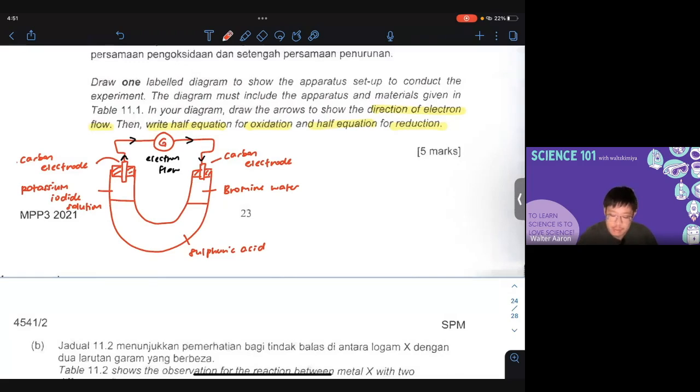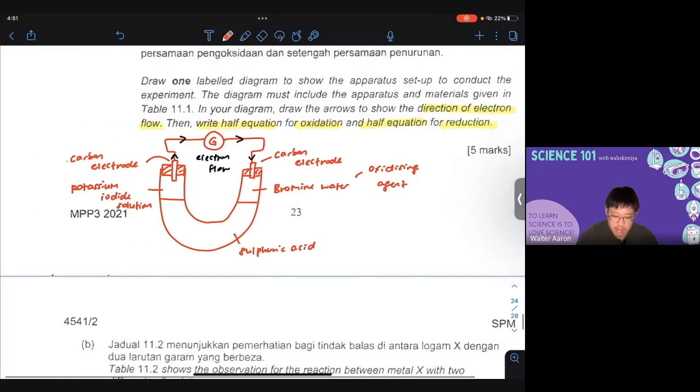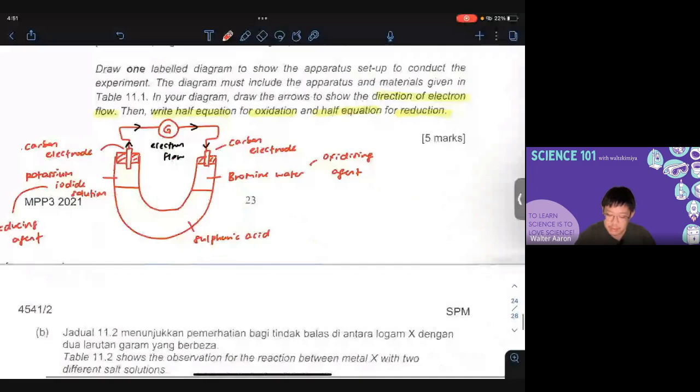Then the half equation here, you should be able to tell which is which. Bromine will act as an oxidizing agent. Okay. And the iodide ion will become the reducing agent. Okay, so what happens here is very simple.